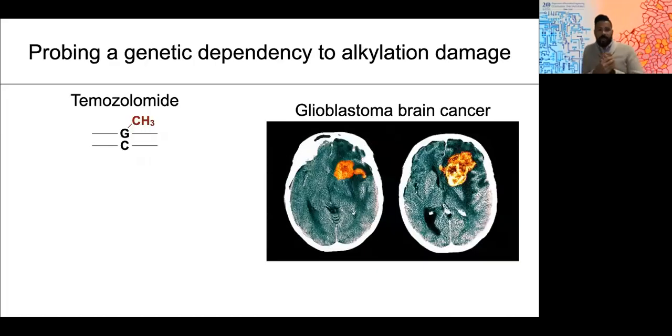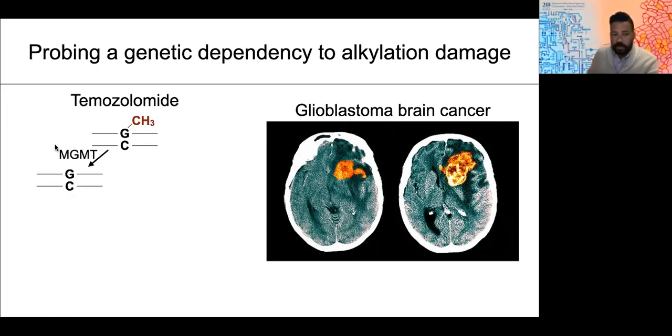So I'm going to begin by introducing a known genetic dependency that we decided to probe that is pretty important in the context of glioblastoma. And that is the exposure of glioblastoma cells to temozolomide, which is an alkylating agent, which is the standard of care for the disease. Now, temozolomide toxicity is mediated by formation of O6-methylguanine lesions.